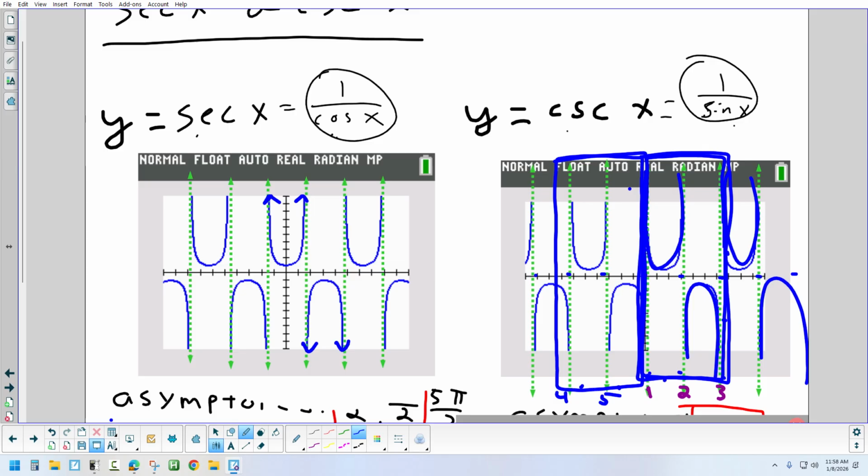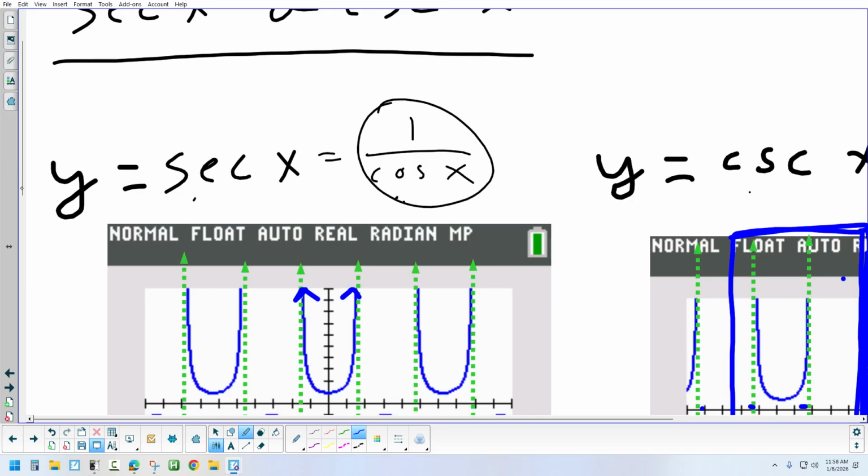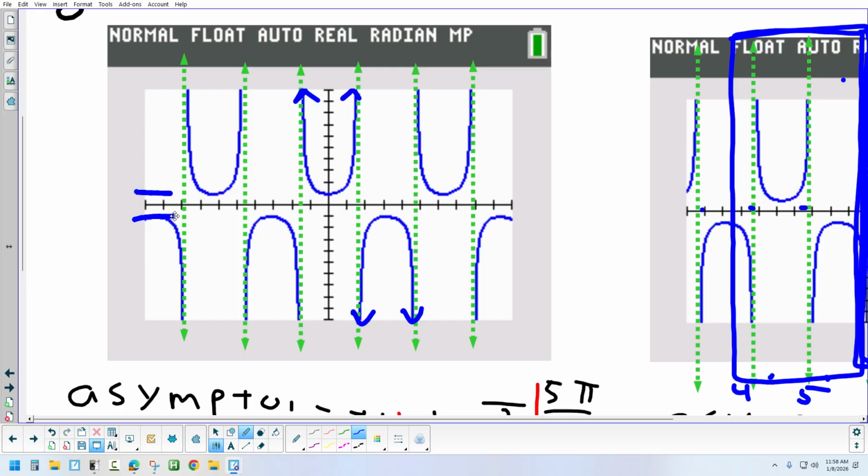No. There's a gap inside here that never gets hit. What do you think that gap is? Yeah, the gap is -1 to 1. That's the gap that we miss. It's where cosine and sine would have hit. Right, it's where the sine and the cosine would have been, in the middle right there, like that.